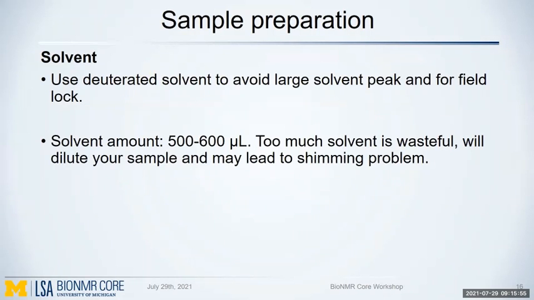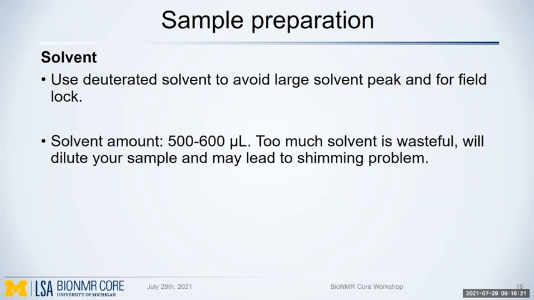And for solvent, of course, you want to use deuterated solvent to avoid a large solvent peak and for field lock. Commonly used ones for small molecules are chloroform, methanol, and DMSO-d6. We use a 5 millimeter probe, so the most commonly used ones are 5 millimeter tubes that can hold 500 to 600 microliters of sample.